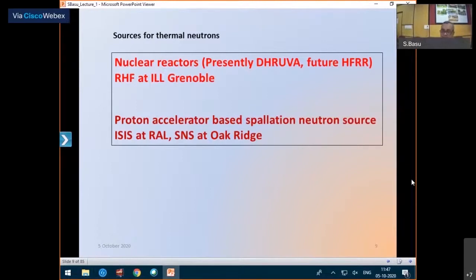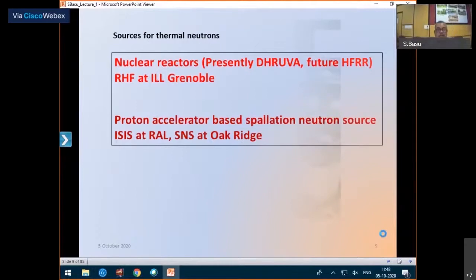We are planning a high flux research reactor, HFRR, which will come up on the east coast of the country. In addition, these days there are proton accelerator based collision neutron sources. These are pulsed neutron sources, and the spectroscopy is different. I will discuss it later. So we have reactors and accelerator based neutron sources.